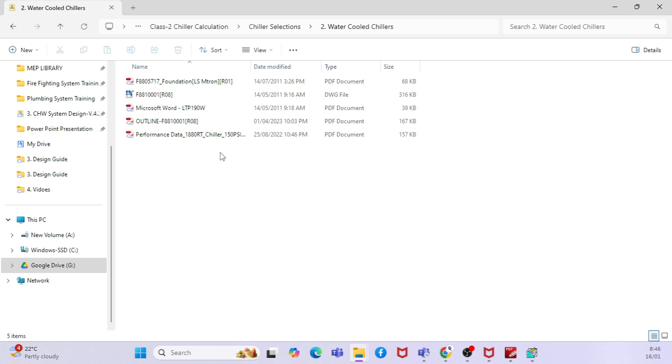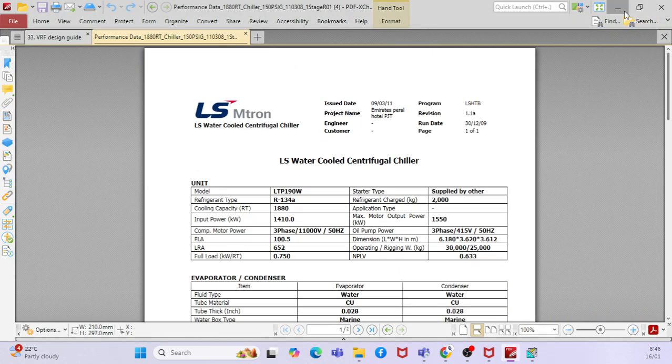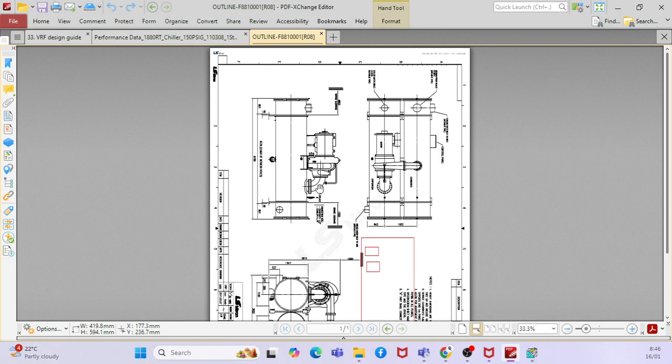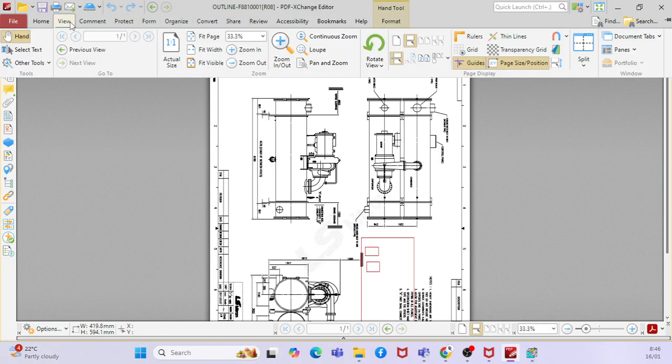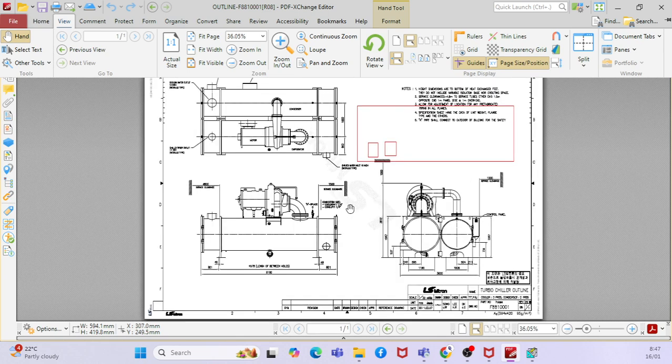Now if you go to this particular chiller, I can open one of the chiller selections as well. This is the chiller picture. You have seen the air cooled chiller, right?